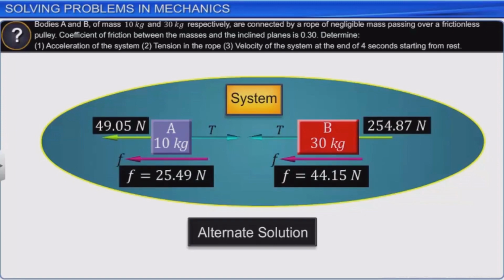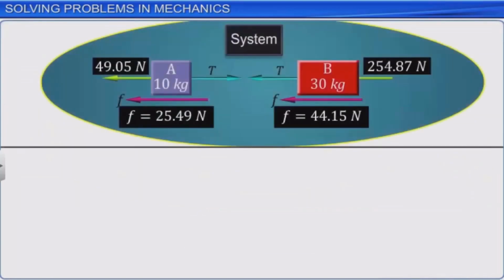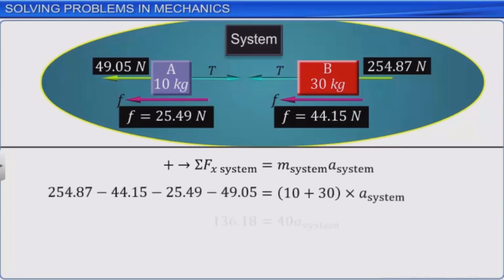The net force of the system along x direction is equal to the product of the total mass of the system and its acceleration. Substituting the values and solving, we get the acceleration A as 3.4 meters per second squared.